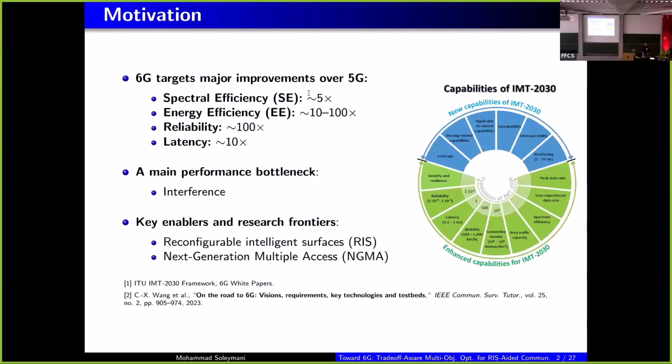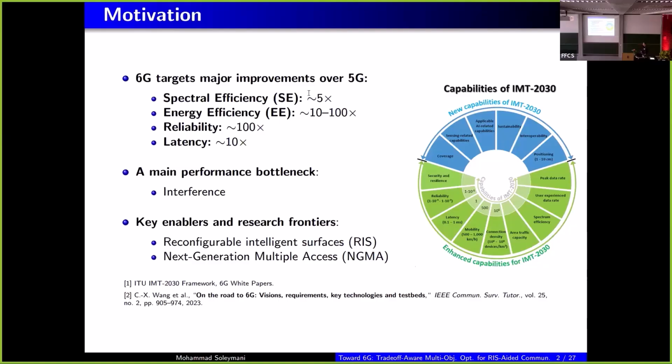The main motivation for this type of studies would be in every network and in every generation of wireless communication systems, you always want to improve multiple key performance indicators simultaneously. For instance, we want to improve spectral efficiency, energy efficiency, latency, reliability, sensing metrics, and so on.